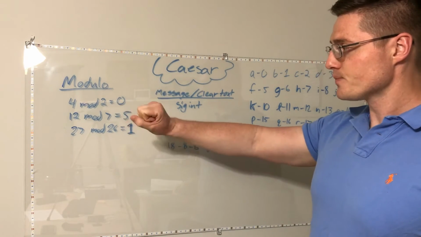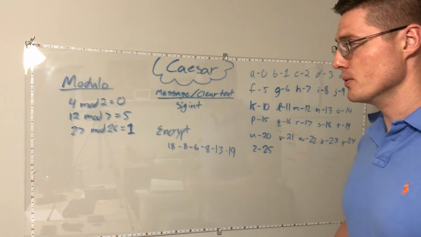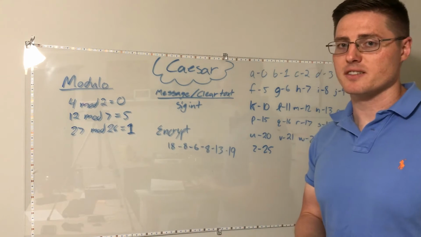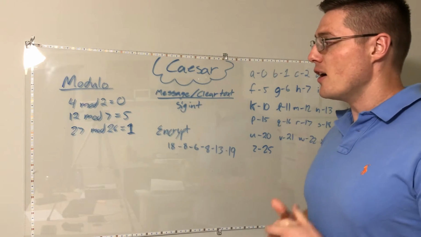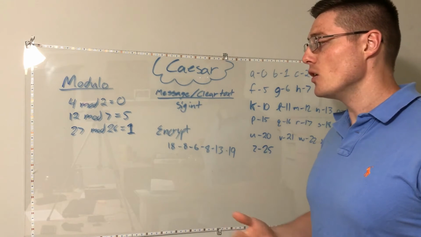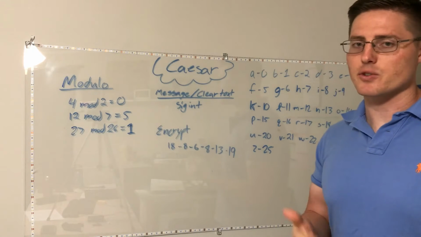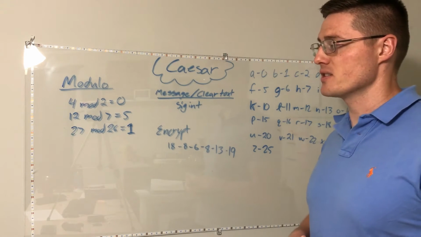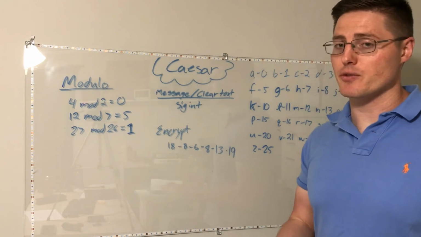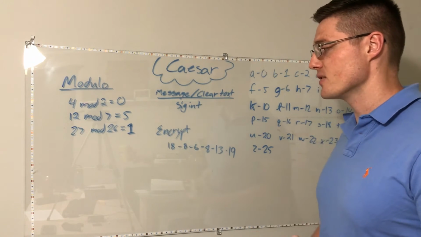In order to get started, let's work with a few simple basic problems. The first three, so 4 modulo 2 is going to be 0 because 2 goes into 4 twice. However, for 12 modulo 7, there's only one time that 7 goes into 12 with a remainder of 5. So that would be the answer.